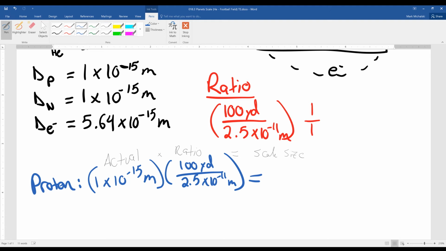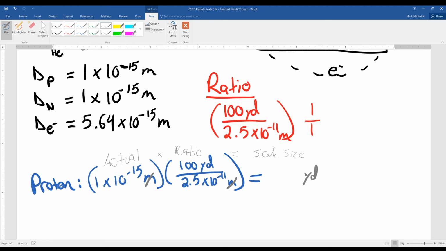When I do this calculation, one of the important things to notice is that my units of meters will cancel. Meters here cancels with meters here, and I'm going to be left with units of yards in my answer. So I have 100 times 1 times 10 to the negative 15, divided by 2.5 times 10 to the negative 11.